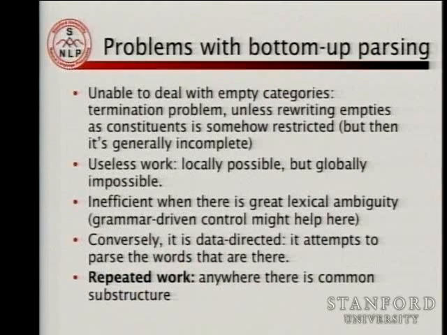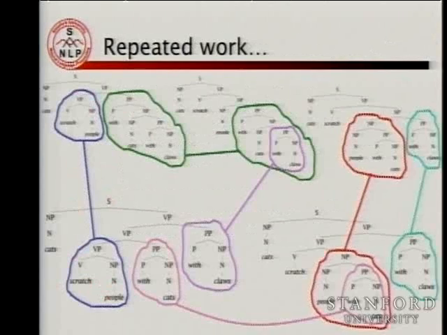Bottom-up parsing also has various good and bad properties, but essentially what I want to get to is this repeated work property. Here is my wonderful picture that I slaved on mightily on PowerPoint, which is meant to show you in very small print the problem of repeated work.